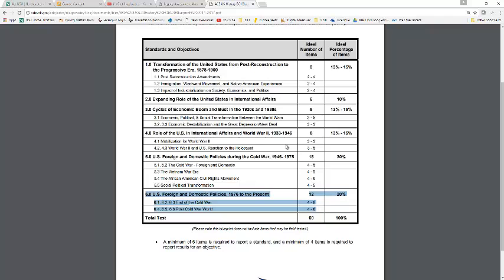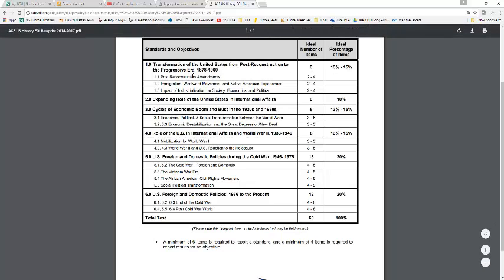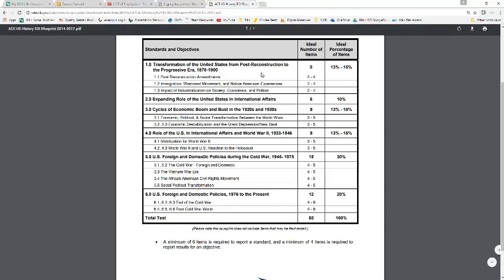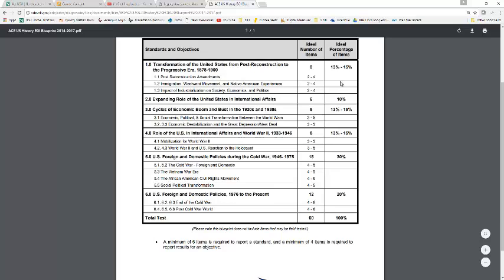But this is why standards are a good thing, because they help guide us. So what we can see is that if about 13 to 15% of the test is spent dealing with Standard 1, we want to spend about 13 to 15% of our instructional time dealing with Standard 1. And the same down here.